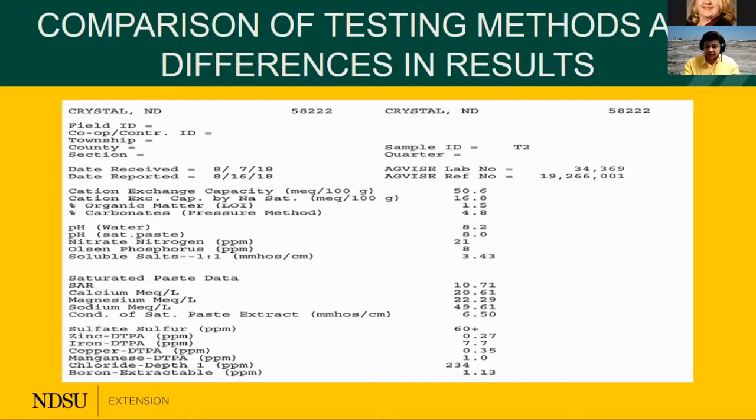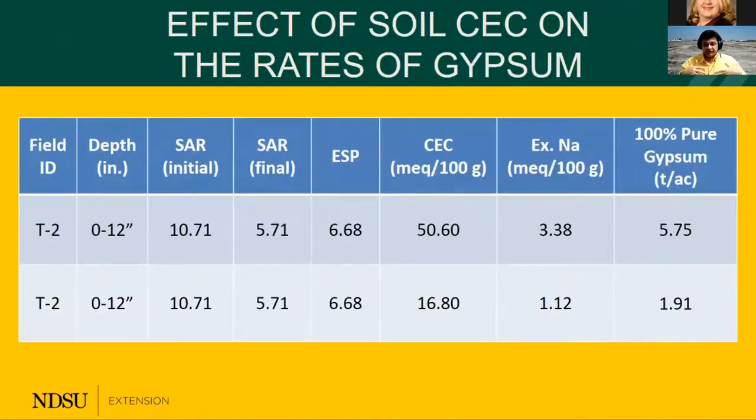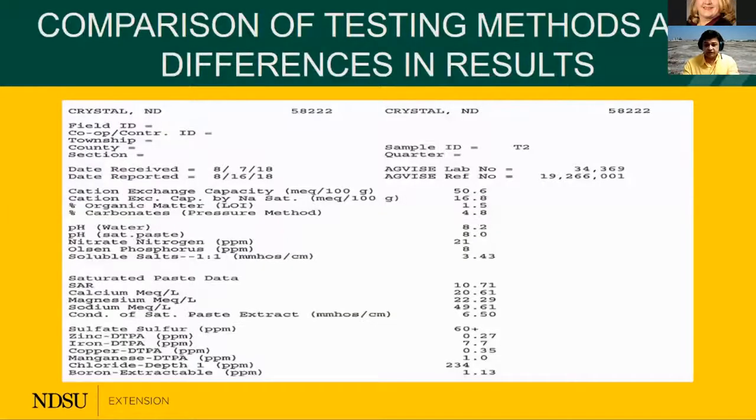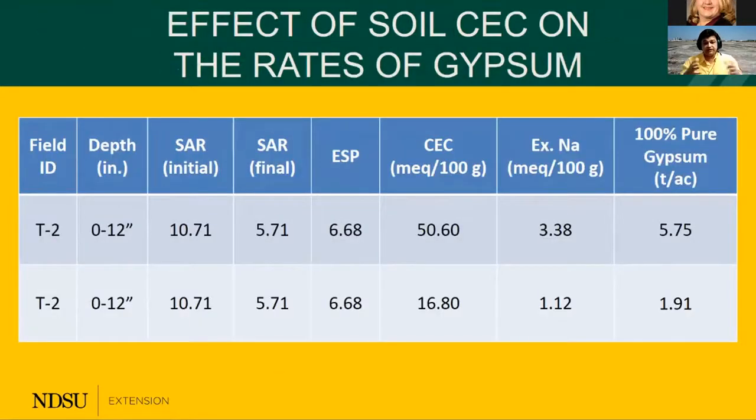And how do these affect our bottom line? For example, I took all of these numbers from the previous test. The SAR was 10.71, if you want to look at it. So say, for example, there's a need for amendments. We want to bring that 10.71 to 5. So I deducted 5 from SAR initial, and SAR final is 5.71. The USDA formula uses exchangeable sodium percent, or ESP, so I converted it into that.